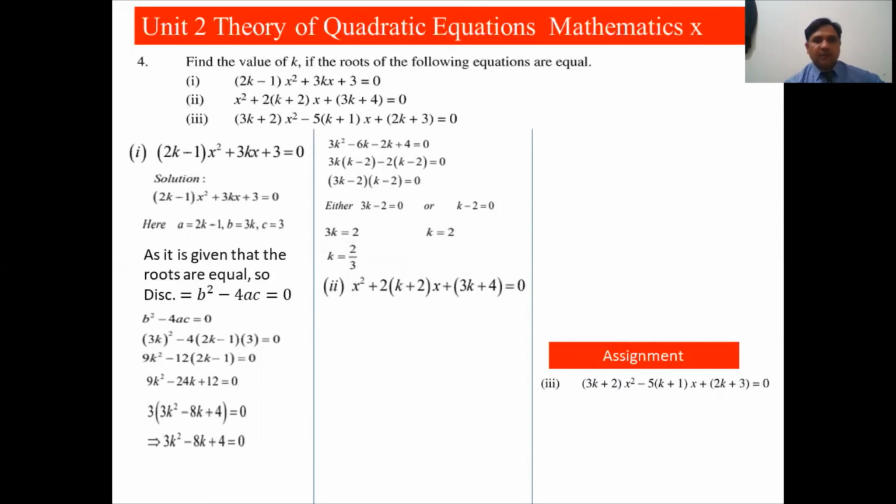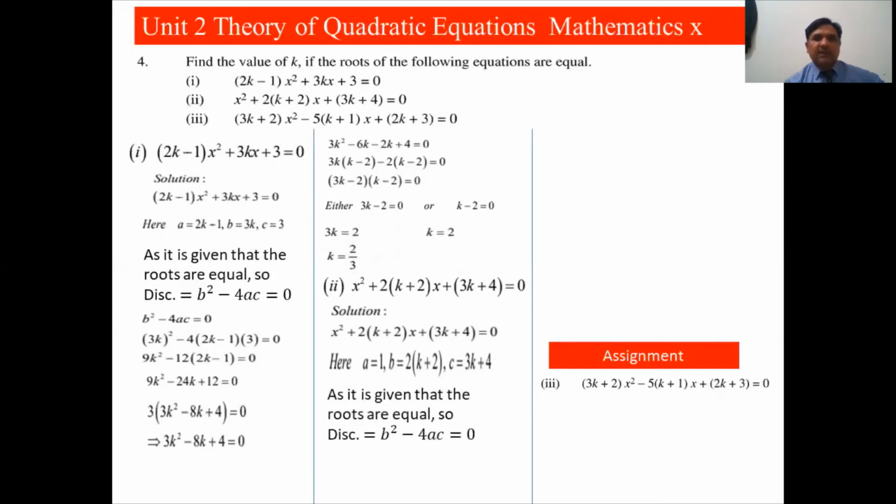Part 2: x square plus 2 into (k plus 2) x plus 3k plus 4 is equal to 0. Solution. Here a is equal to 1, b is equal to 2 into (k plus 2), and c is equal to 3k plus 4. As the roots are equal, the discriminant must be equal to 0. b square minus 4ac is equal to 0.